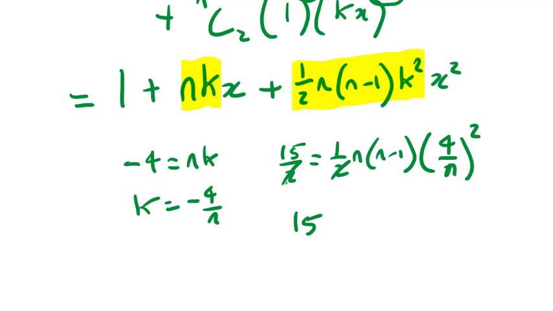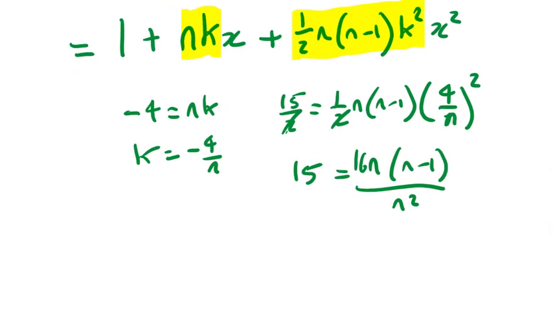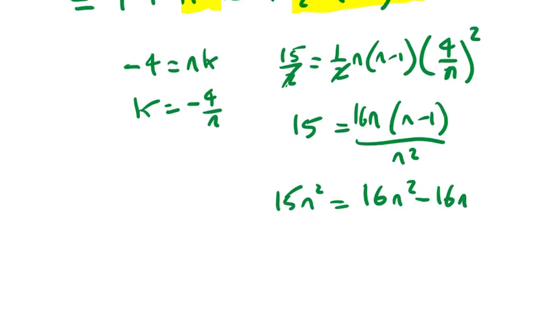I've got 15 equals n times n minus 1, times 16 over n squared. You always say to yourself, get rid of brackets, get rid of fractions. 15n squared is 16. Get rid of brackets now. 16n squared minus 16n. Oh, what a surprise.